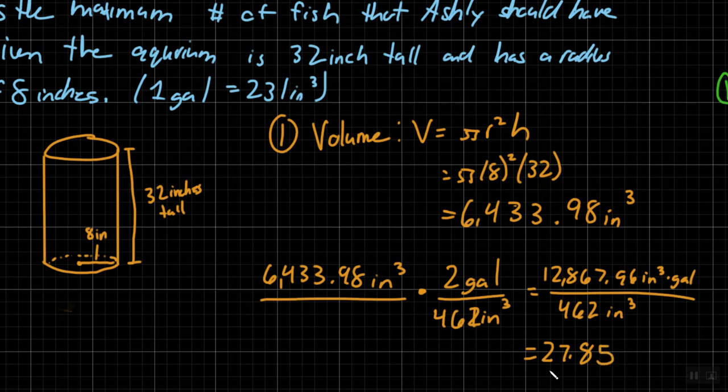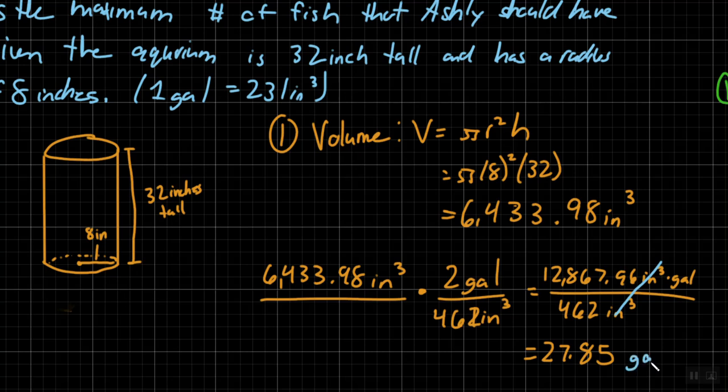Yep. Now, this is kind of the tricky part. Actually, what is my label? So right now, I have inches and inches on top and bottom, right? Inches cubed, inches cubed. These inches cubed cross out. So they cross out, and I'm left with what at the end?